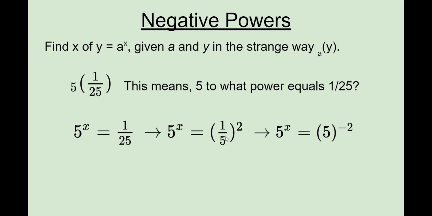So a negative exponent will take the reciprocal, in effect, be the reciprocal of that value. So 1/5 is the same as 5 to the negative 1. So it's 5 to the negative 2. And now that I have like bases, I know that x equals negative 2. So it turns out 5 raised to the negative 2, the negative makes it 1/5, and then the square squares it. So 1 squared is 1, 5 squared is 25.